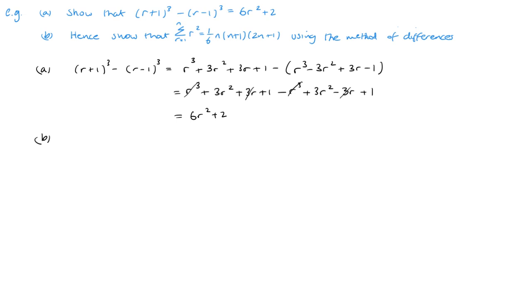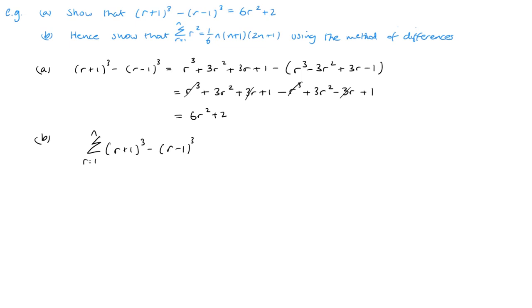Now part B is when we're going to be using that method of differences. So let's look at how we're going to set it up in this scenario. For this, we're just going to start off with this section here. So we're looking at the sum between r equals 1 and n of (r plus 1) cubed minus (r minus 1) cubed.